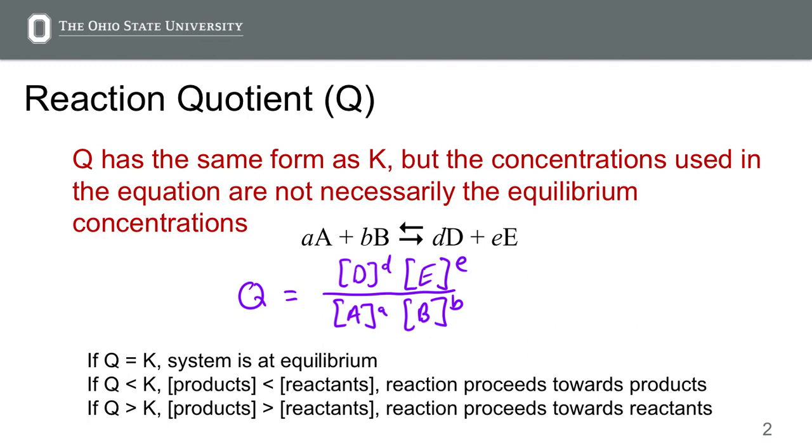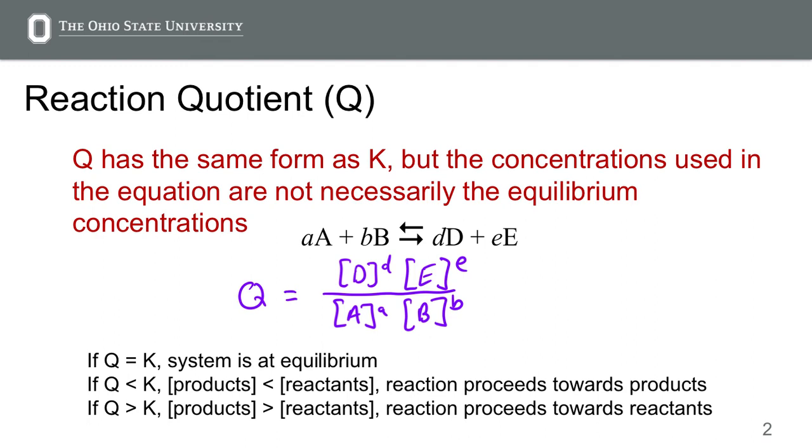So you can see that's the exact same thing as K. The only difference is in how we define it. With Q, we're asking, is this at equilibrium or not, and therefore which direction the reaction needs to go.